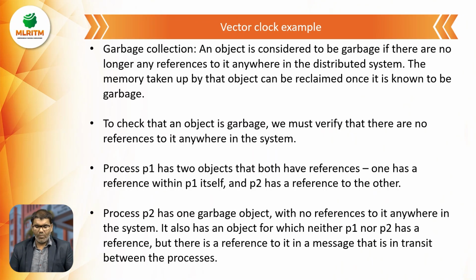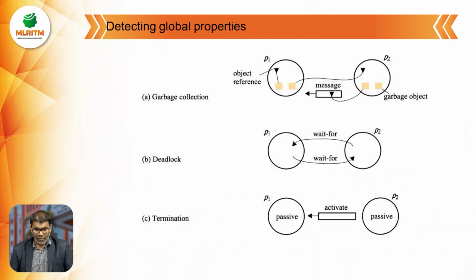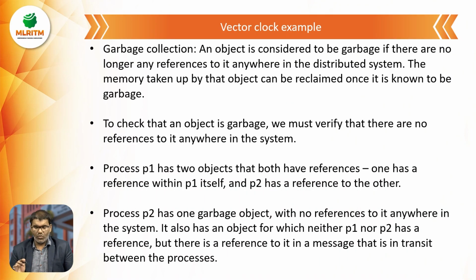Garbage collection: an object is considered to be garbage if there are no longer any references to it anywhere in the distributed system. The memory the object takes up can be reclaimed once it is known to be garbage.